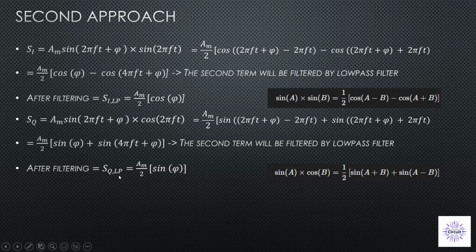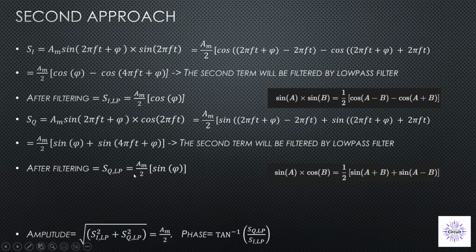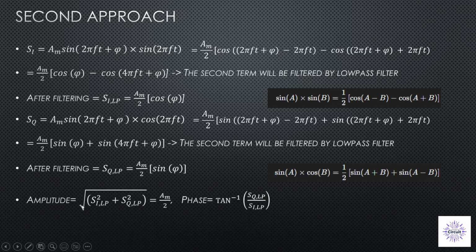We call this SQLP. Now we have two equations and two unknowns, right? We can easily extract the information for AM and phi from these two. How? For the amplitude, we take the square root of SILP squared plus SQLP squared, which becomes AM over 2, and our phase becomes tangent minus 1, or arctangent, of SQLP over SILP, right?